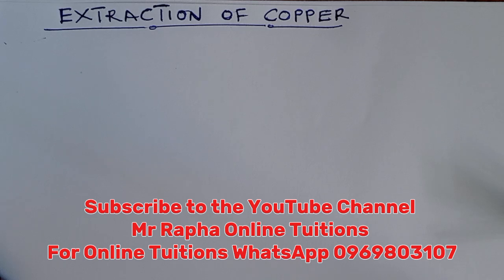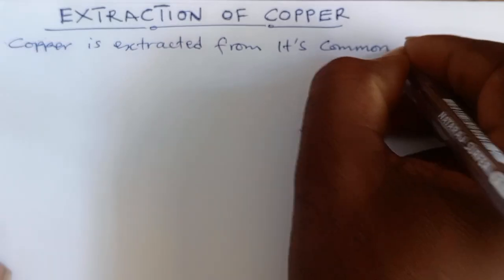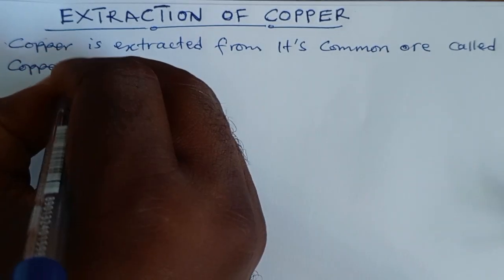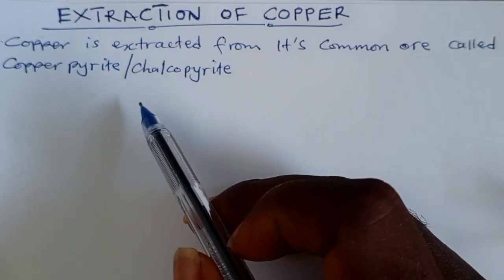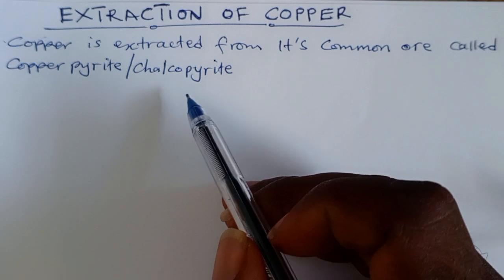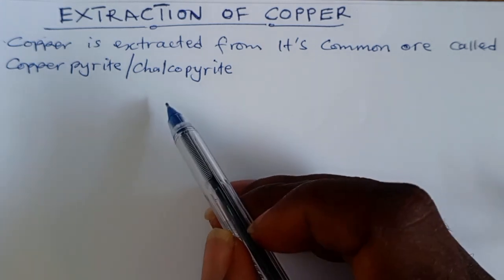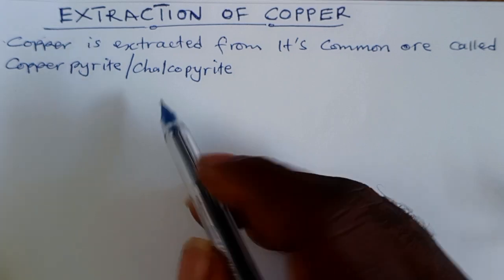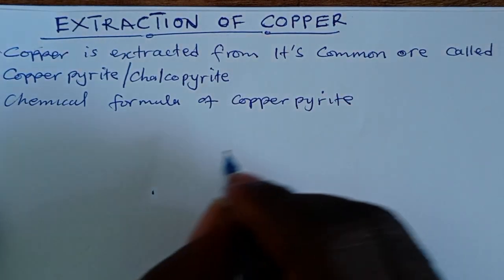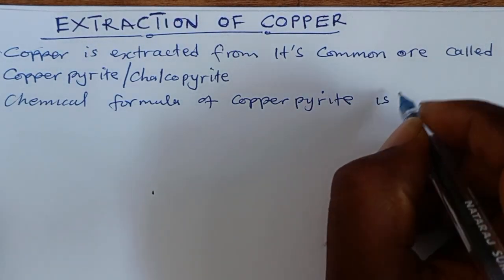Copper is extracted from its common ore called copper pyrite, the other name of which is chalcopyrite.